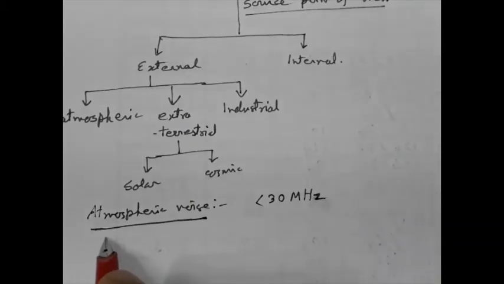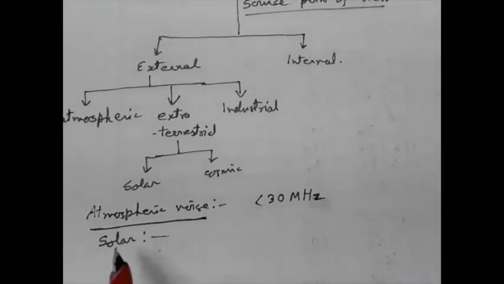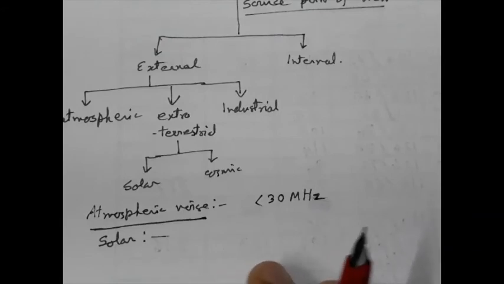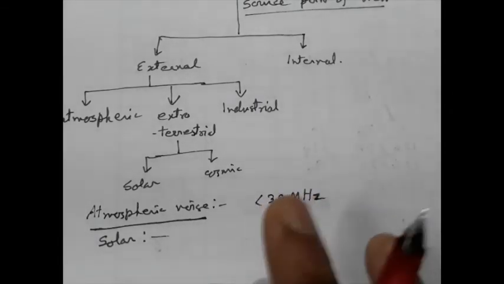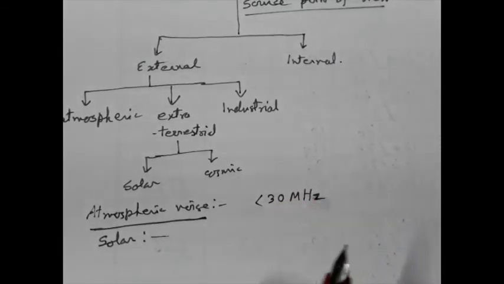Now consider the solar noise. As the name suggests, this solar noise is actually coming from the sun, and generally under normal conditions, the amount of signal emitted by the sun is almost constant, and it is a large hot body at very high temperature. Therefore it radiates over a very broad frequency spectrum, and that includes frequencies we use for communication.